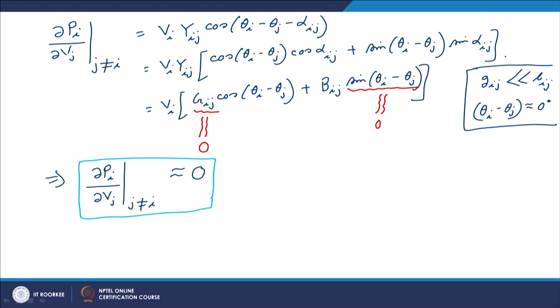Now, look at this one. So, it would be 2 V_i g_ii plus the summation for j equal to 1 to n, not equal to i, of V_j y_ij cos(theta_i minus theta_j minus alpha_ij).